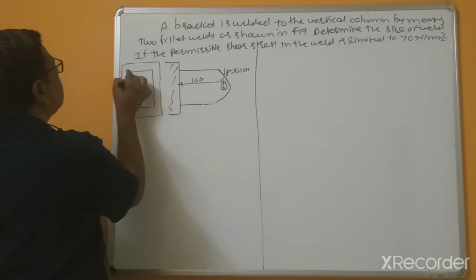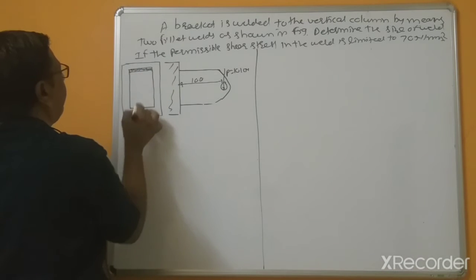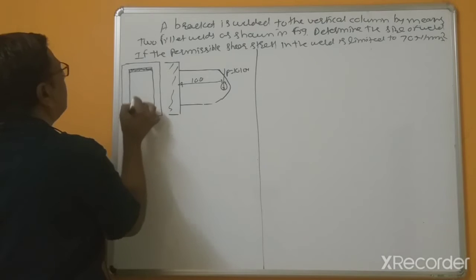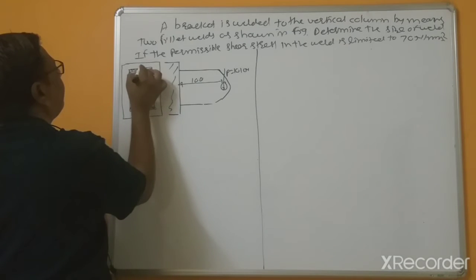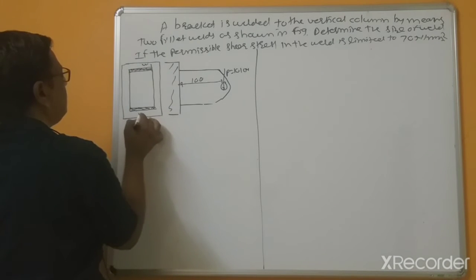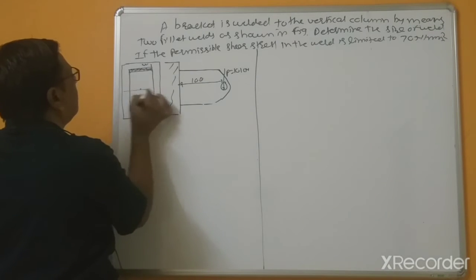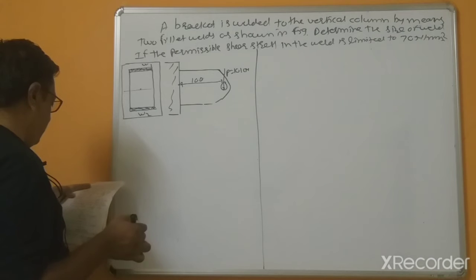So in this case, this welding is horizontal welding. This is the first weld W1 and this is the second weld. The center of gravity is located at half of its distance.